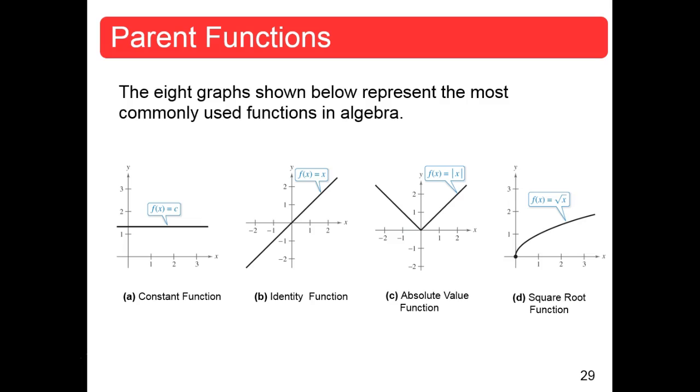If x is positive, your y is positive, just like the identity function. But if x is negative, this flips over and becomes positive because absolute value means positive value. So it goes up like this: minus 1, 1, minus 2, 2. That's the absolute value function.